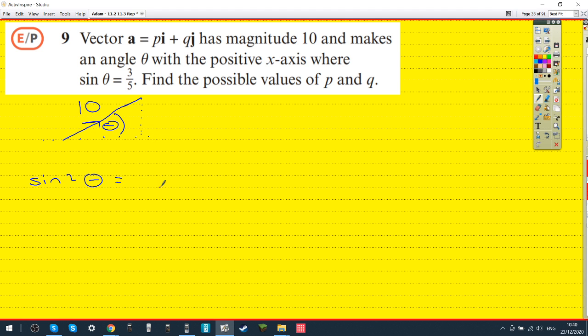Sine squared theta equals three over 5 squared, which is 9 over 25.